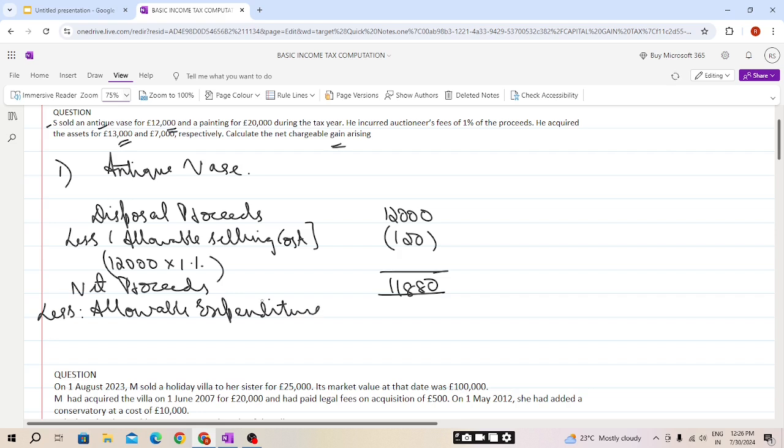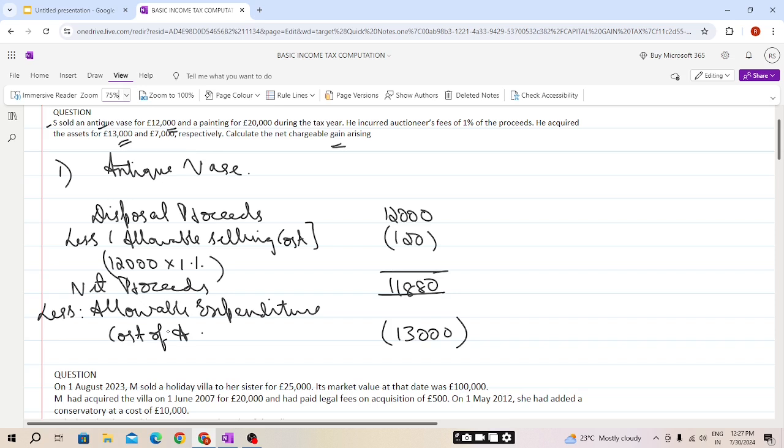This is the step number 1, students. Allowable expenditure, the cost of acquisition. The cost of acquisition they have mentioned, students, he acquired the asset for 13,000. And no other allowable expenditure is given, like capital expenditure or any expenditure incurred to save or preserve the title of the asset.